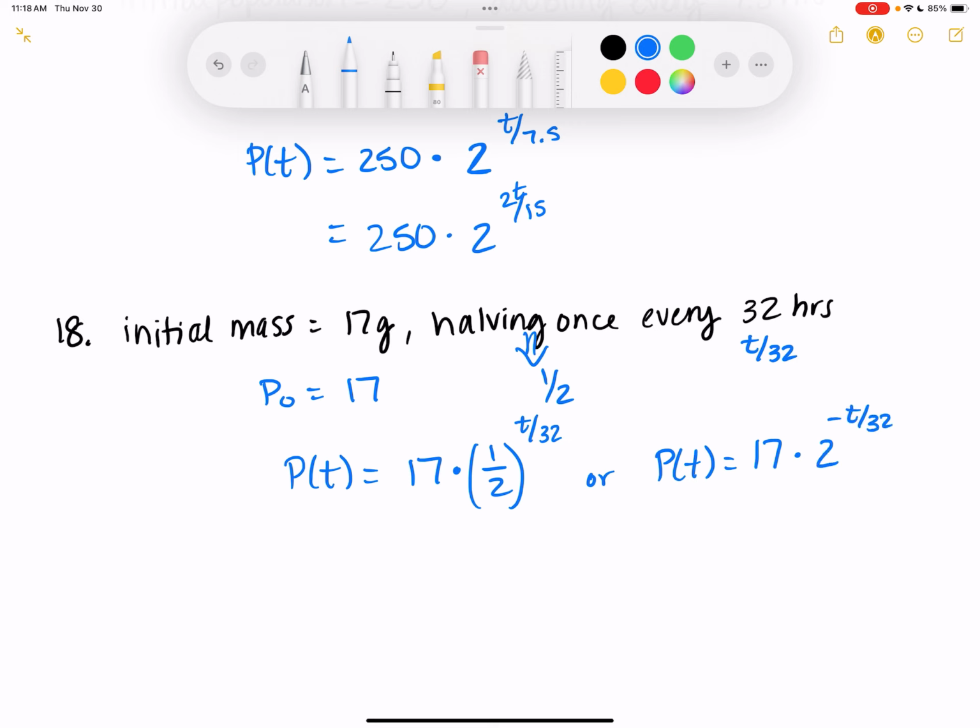The book will do it this way with the negative exponent so that they don't have a fraction within the actual thing.